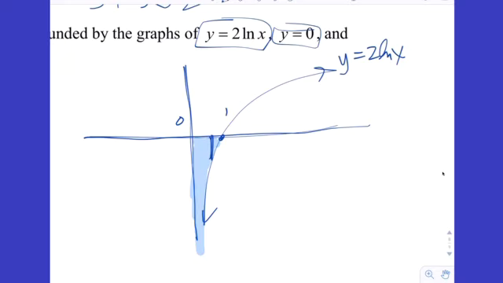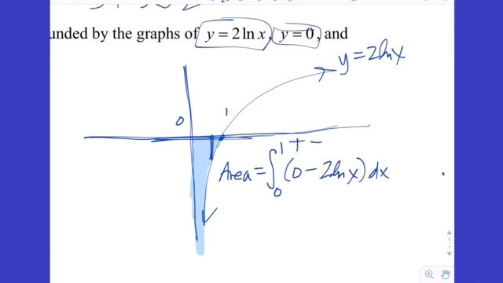All right, so I have to do top minus bottom. So again, we abbreviate area, A-R-E-A. It's going to be the sum of the infinite slices from 0 to 1 of the top curve, which is 2 ln of x, minus the bottom curve. I'm sorry, let me back up. The top curve is what? 0. Yeah, my bad. Top curve minus the bottom curve is 2 ln of x dx.